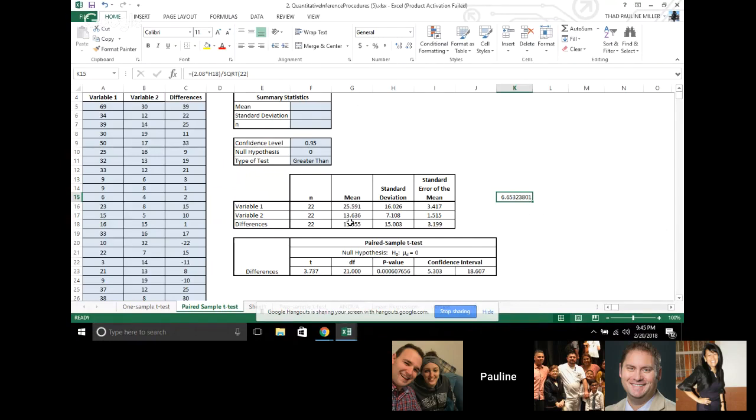When we were talking about it earlier, that was the formula we were saying: margin of error was the T asterisk SD over the square root of n. That's the formula right there in Excel, and it gives me the same answer as what we came up with if we subtracted these and then divided them by 2. 6.653.